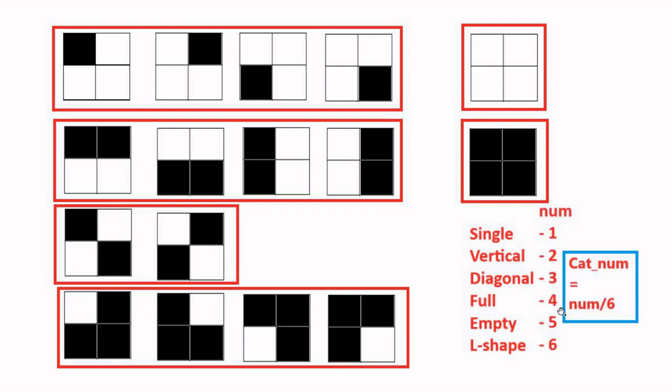So we then assign numbers to each of these, and on top of that we also have a category number, which is the number divided by 6, which we'll see come into play later.